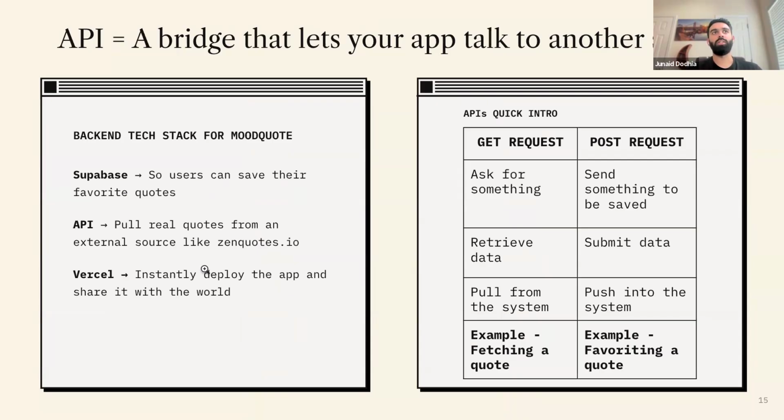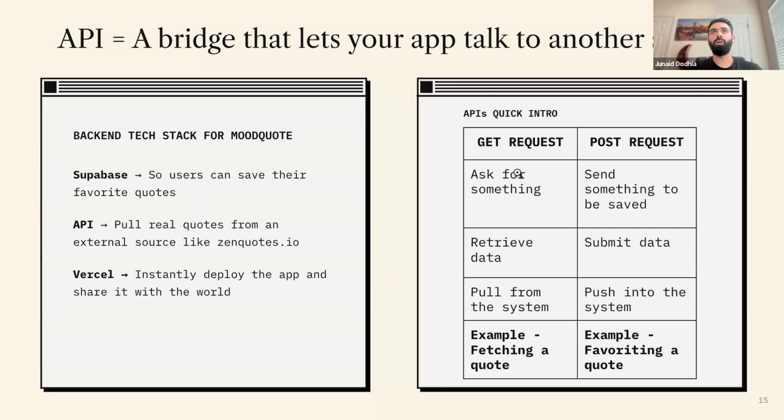And Vercel is a platform that allows us to deploy our applications to a website, and then you can share your website or your project with other people. So Vercel is what we're going to use to deploy, and which will be used in the next session. But today we're going to use Supabase and API.